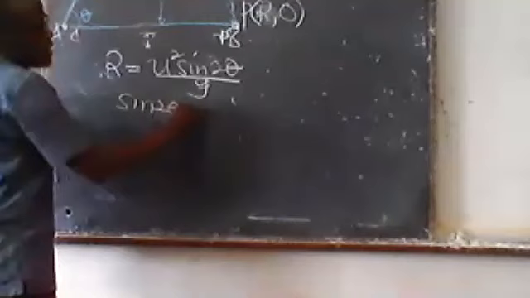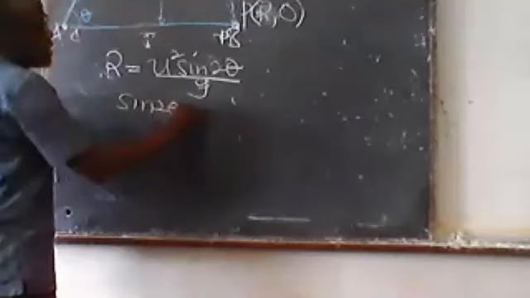If you want to get the maximum value of this equation, I hope you can see this equation. If you want to get the maximum value of this equation, then the condition is that, keeping u constant and acceleration due to gravity constant, what changes is the angle. So if it is the angle that changes, then try to maximize sine 2 theta as much as possible.